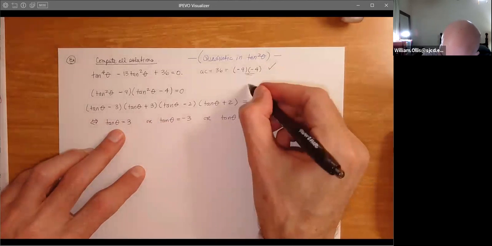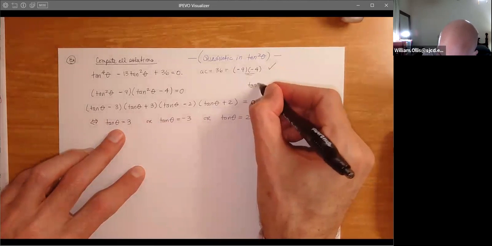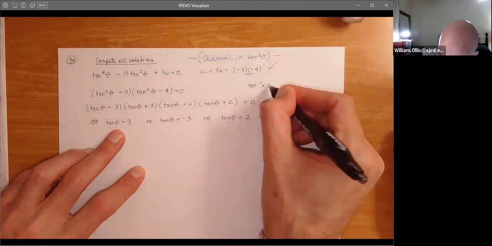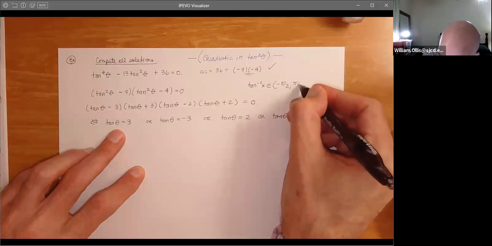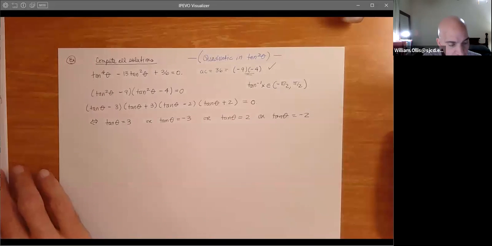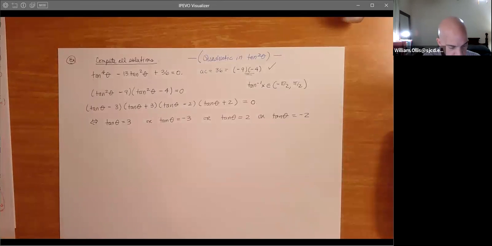So remember, we know that the inverse tangent lives between negative pi over 2 and pi over 2. So when we think about doing these types of solutions, and it's not good nor is it bad, we're just looking for all solutions.